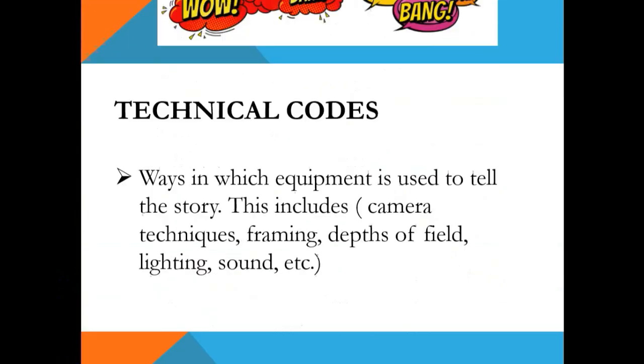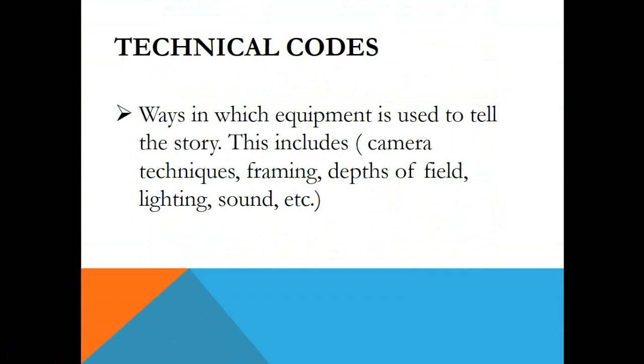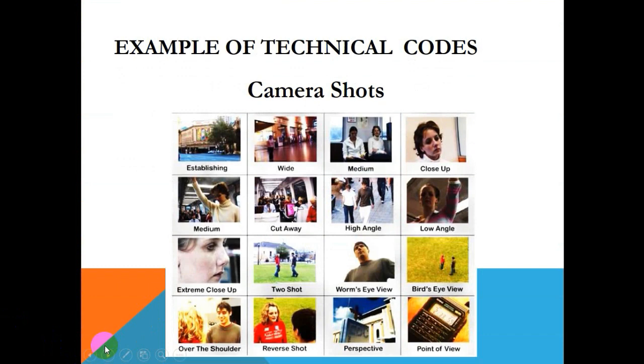Next is the technical codes. Technical codes are ways in which equipment is used to tell the story. Technical codes is mostly used in videos and filmmaking as it includes camera techniques, framing, depths of field, lighting, etc. Now here's an example of technical codes when using a camera.